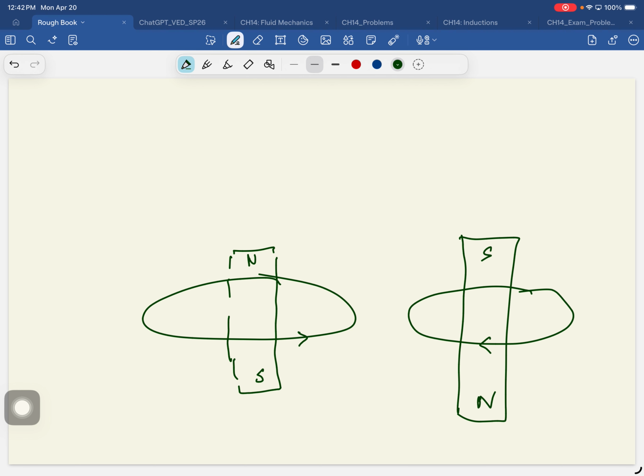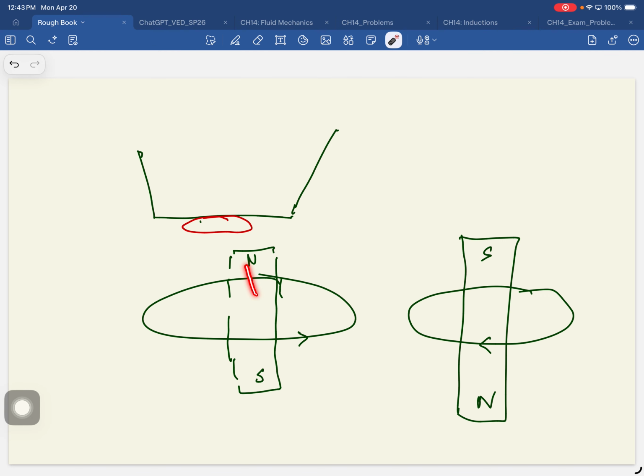And now, if you have a metal pot, this changing magnetic field will induce a current in this metal. As the strength of this magnet is increasing, it's inducing a current in this direction, the induced current.